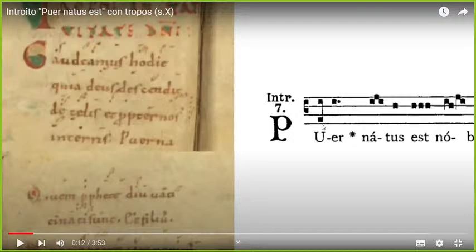The notes are there. This is called a punctum. The clef? The time signature? The time signature didn't exist. The clef is here. You see that you have the clef.